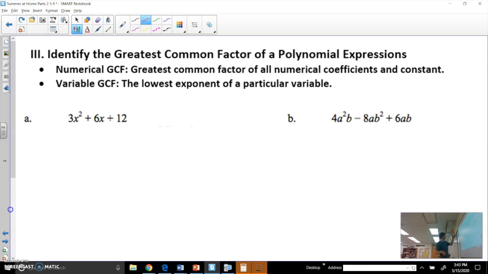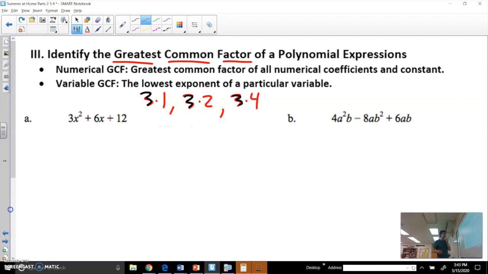For example, you have 3, 6, and 12. All of these numbers have a greatest common factor of 3. That's because 3 is 3 times 1, 6 would be 3 times 2, and 12 would be 3 times 4.